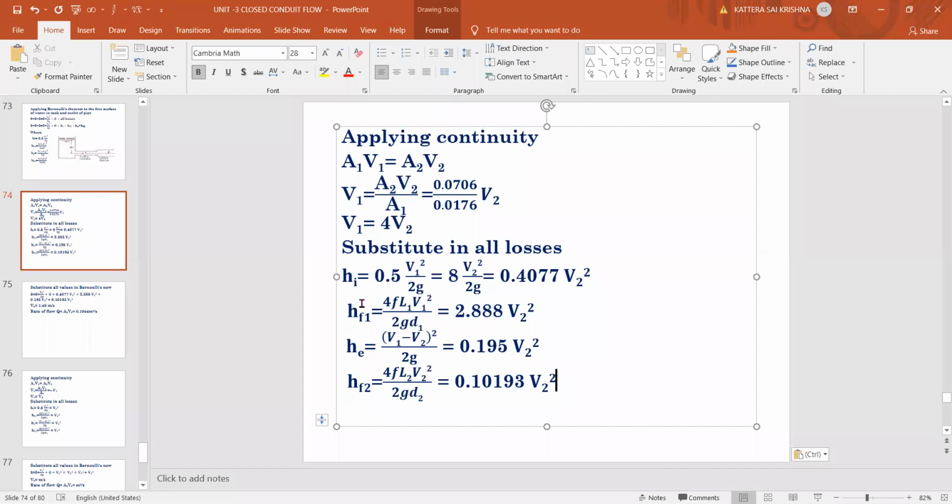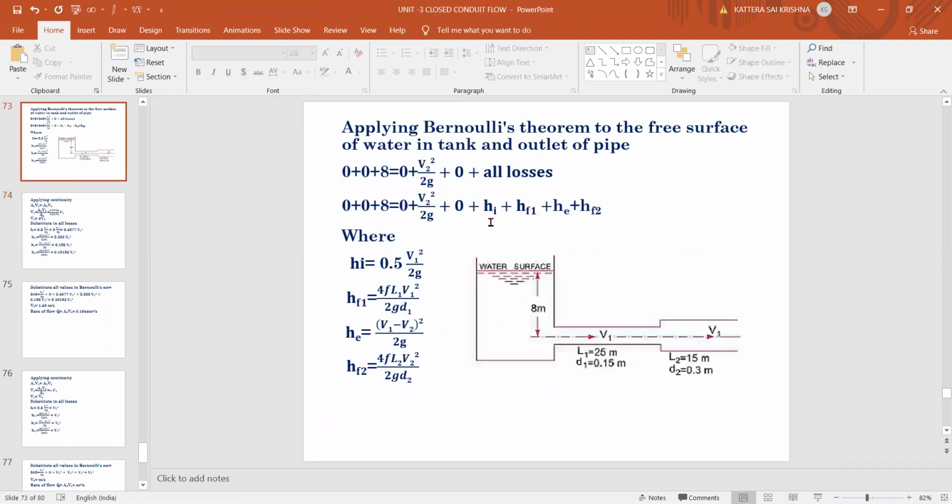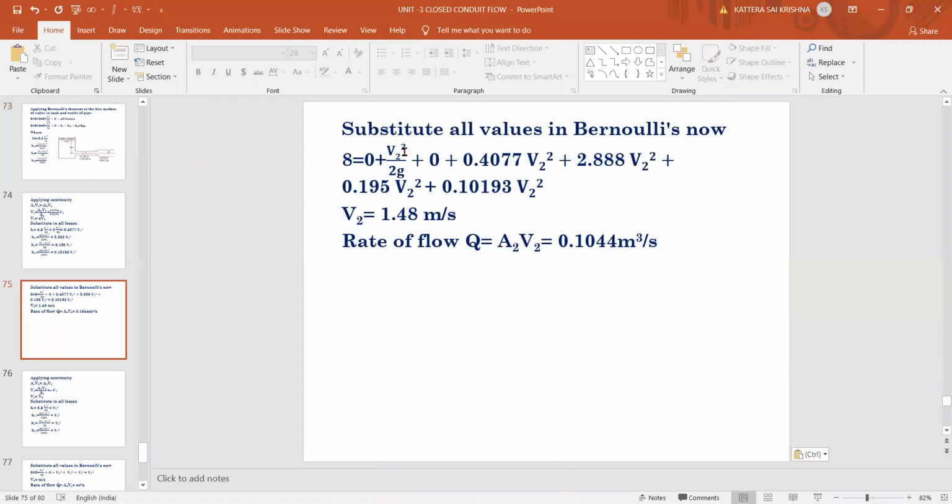Okay, so after finding all the losses in terms of V2 square, now we need to substitute these losses in the Bernoulli's equation we have written previously. This one: 8 equals V2 square by 2G plus what we got in terms of V2 square, which you need to write here. So in the next slide, we'll see that. 8 equals 0 plus V2 square by 2G plus Z2 is 0.